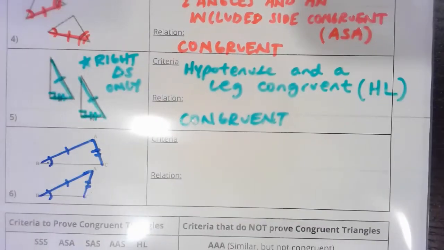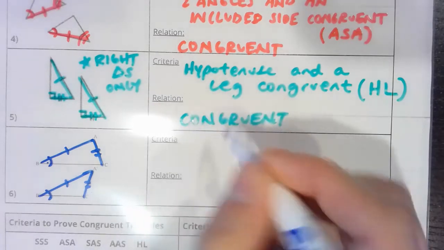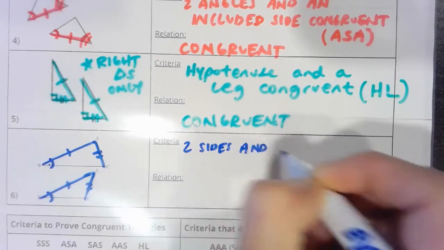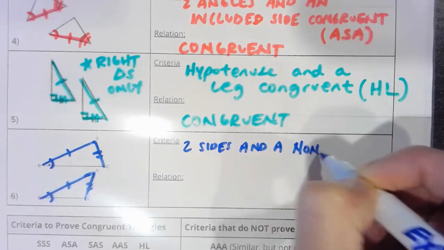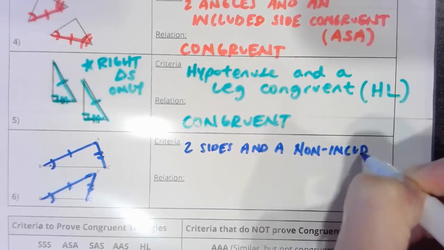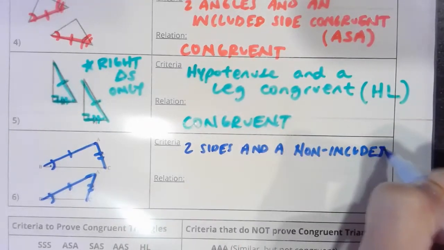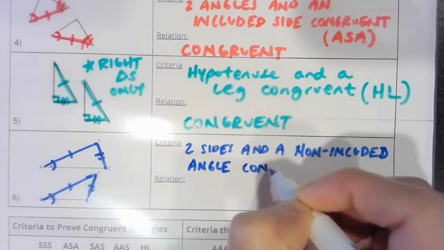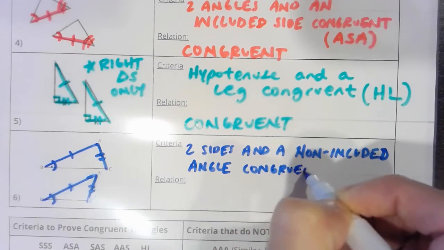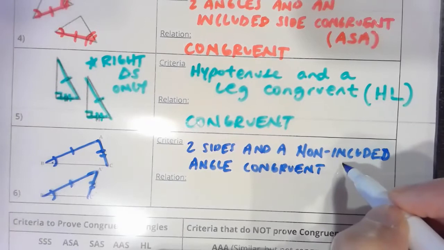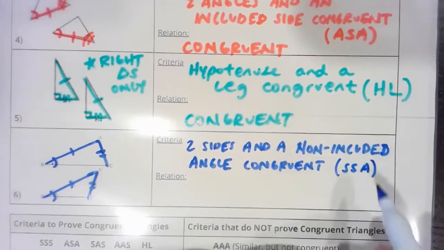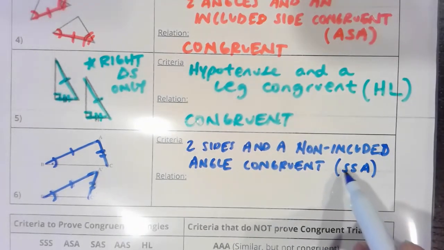So in this case, for the criteria, we will say that it is two sides and a non-included angle that's congruent. And so you might see this as side, side, angle. We write it like this because the angle is not in between the two sides. It's not touching the two sides, only one of them.